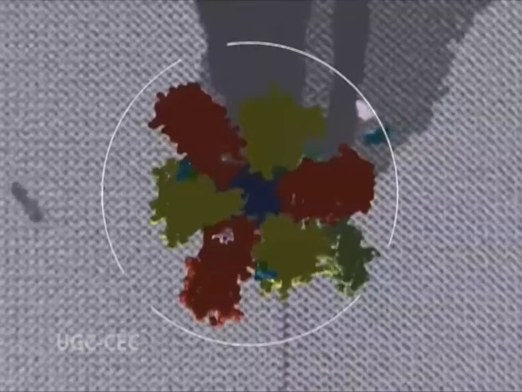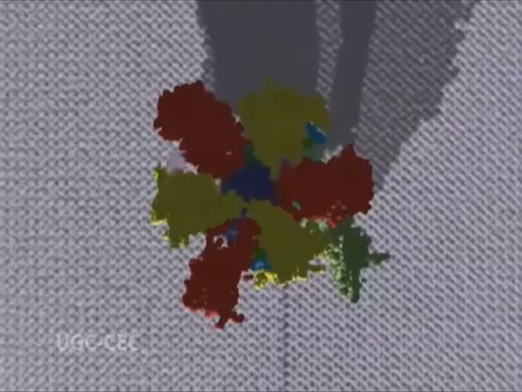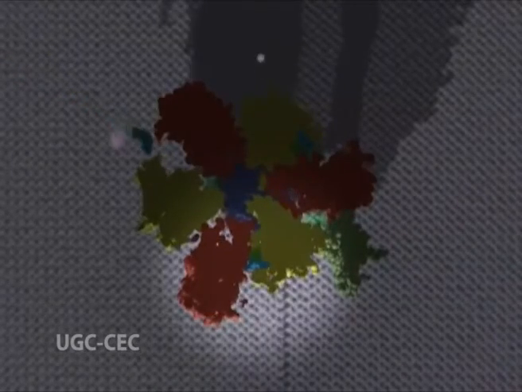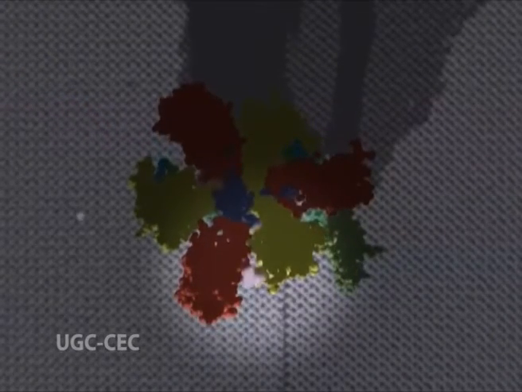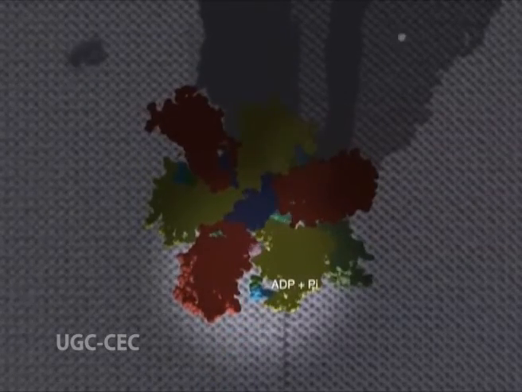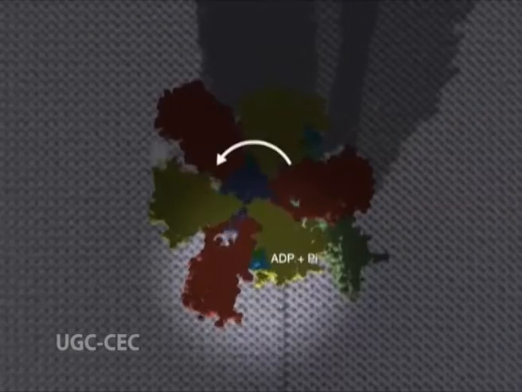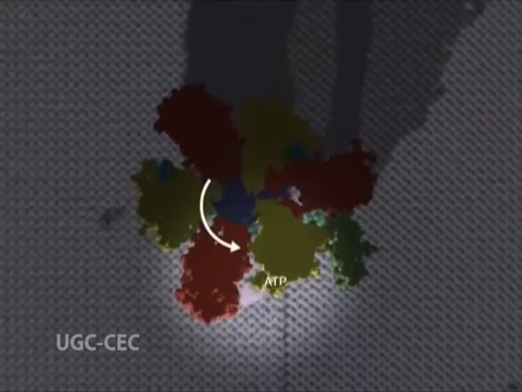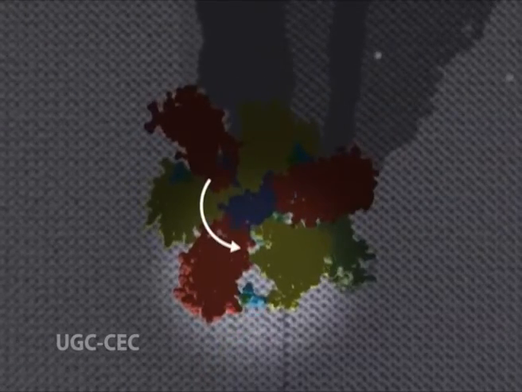In the case of ATP synthesis, each site switches cooperatively through conformations in which ADP and Pi bind. ATP is formed and then released. ATP hydrolysis uses the same pathway.